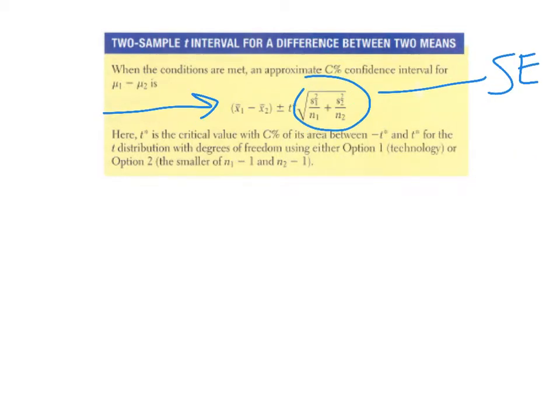And we will be calculating our test statistic as a t, remember, because we are going to be using the sample standard deviation since we will be unlikely to know the population.